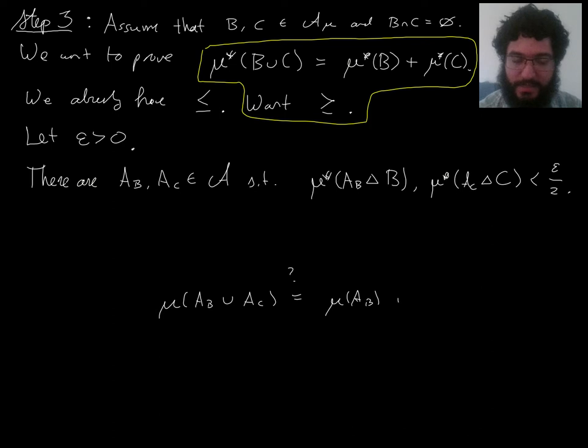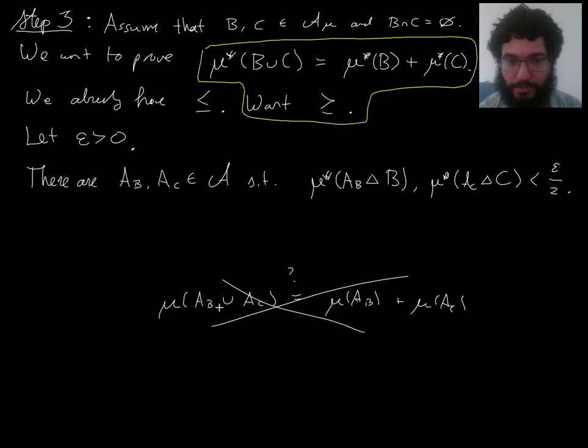But even this doesn't really work. Even though mu applies to these things, since they're in the algebra of sets A, this doesn't quite work because AB and AC are not necessarily disjoint. B and C are disjoint, but for AB and AC, we don't know. So that's one problem, but we'll be able to deal with it. Still, we'd like to bring AB union AC into the picture.